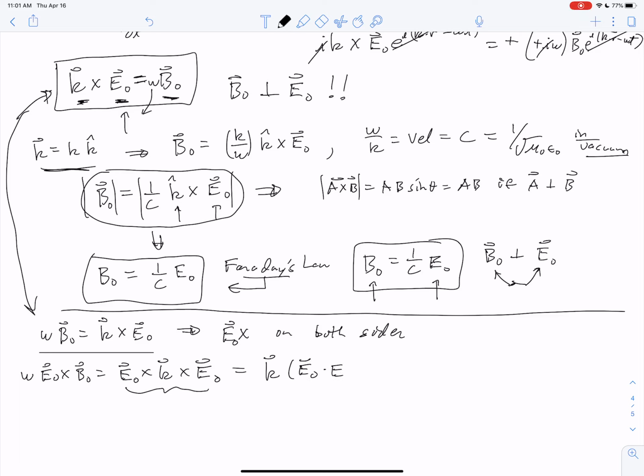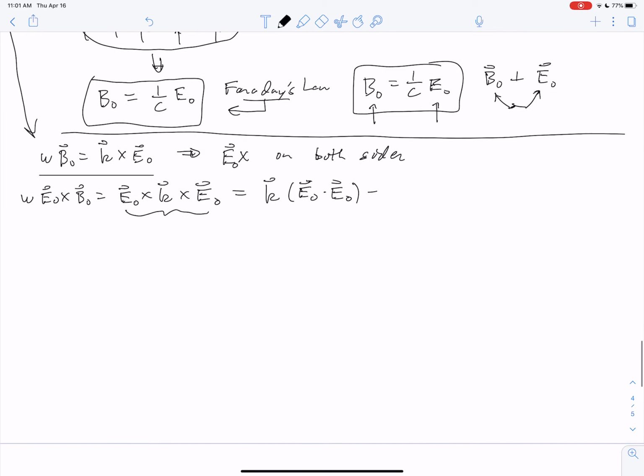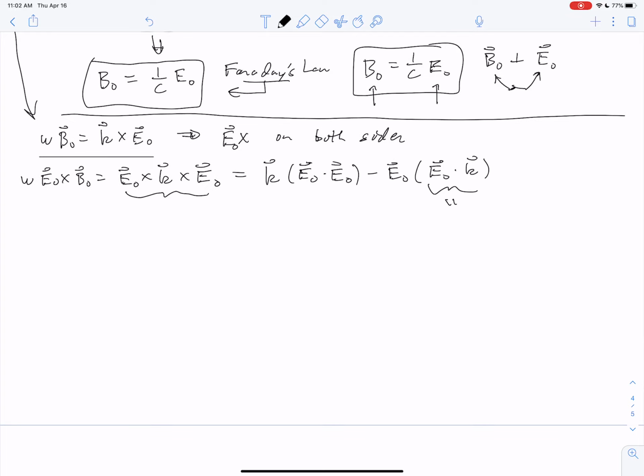So this is just a vector identity that you guys have all used before, minus E naught times E naught dot K. That's just that cross product. But this E naught dot K, we know what that is because the electric field is perpendicular to the direction of the wave, and so this has to equal 0.